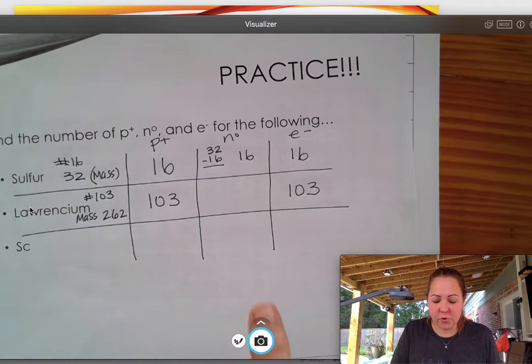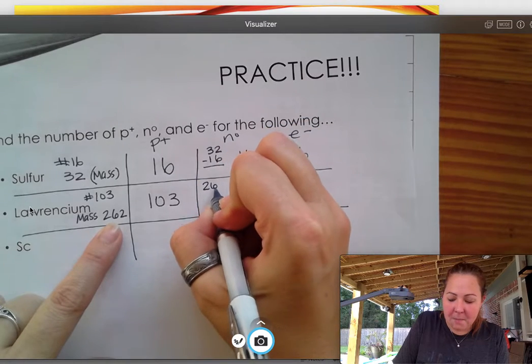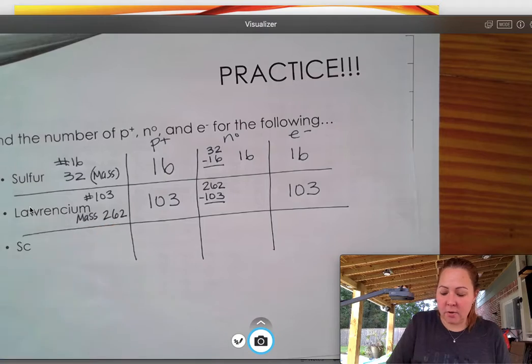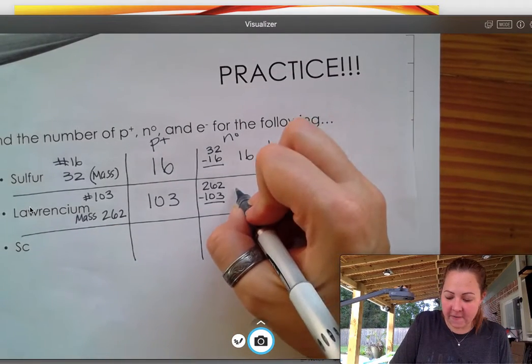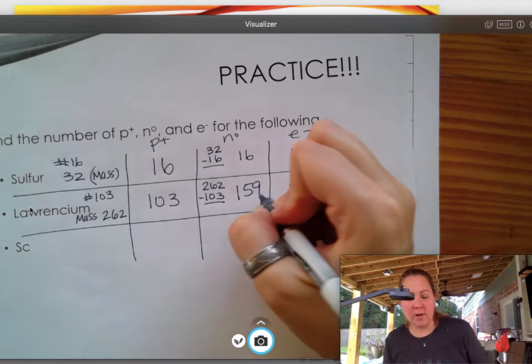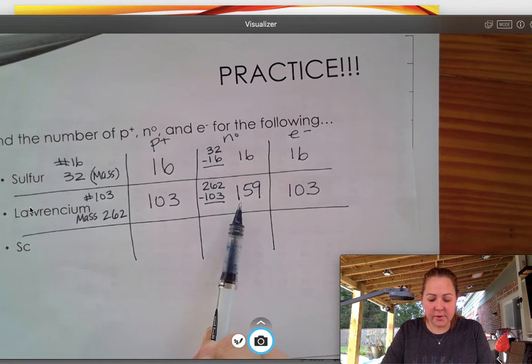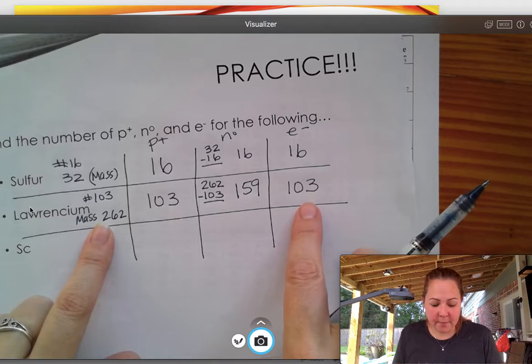For my number of neutrons, I'm going to take my mass, which is 262, minus my atomic number, 103. When we subtract these two numbers, you're going to end up with 159 neutrons. So my mass comes from my protons plus my neutrons, so add these two together, you should get 262. And then my electrons are so small they don't matter.